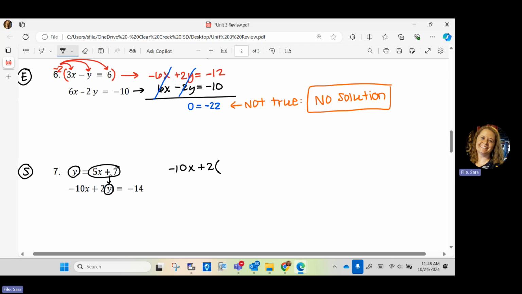And then instead of y, it's 5x plus 7 equals negative 14. Now I'm going to simplify. I'm going to distribute this plus 2 that's being multiplied by the parentheses. So I've got negative 10x. That becomes plus 10x plus 14 equals negative 14.